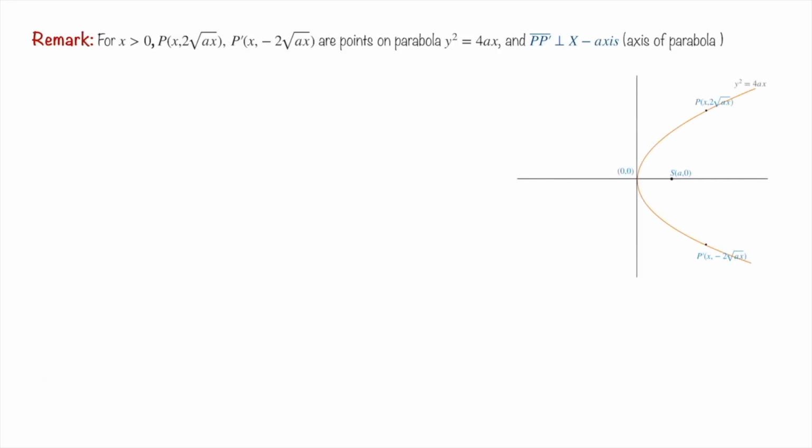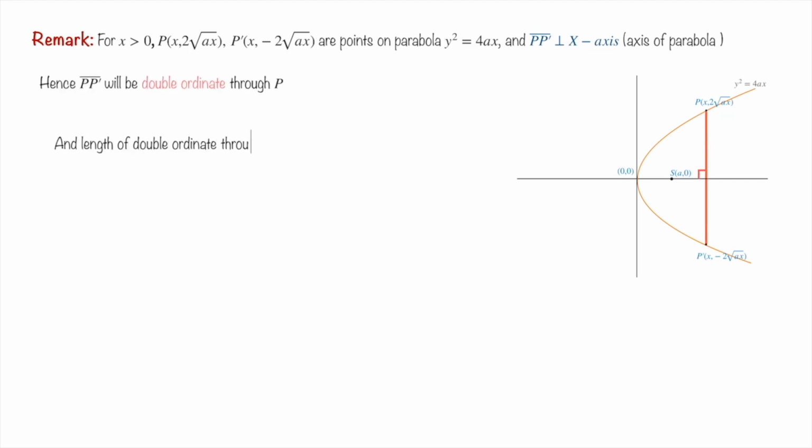Remark: for any x positive, there are 2 points on the parabola y square equal to 4ax, P and P dash. Here P is x comma 2 root x, P dash is x comma minus 2 root x. These are the 2 points on the parabola for given x positive. Here you can see this P P dash is perpendicular to axis of the parabola.